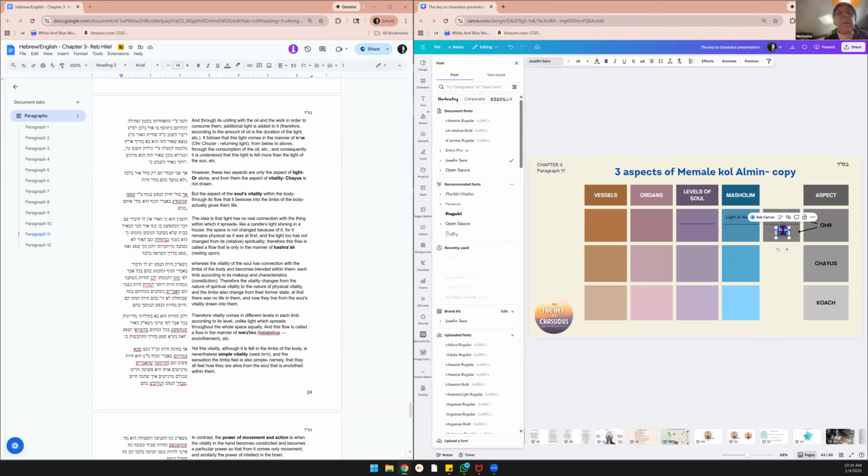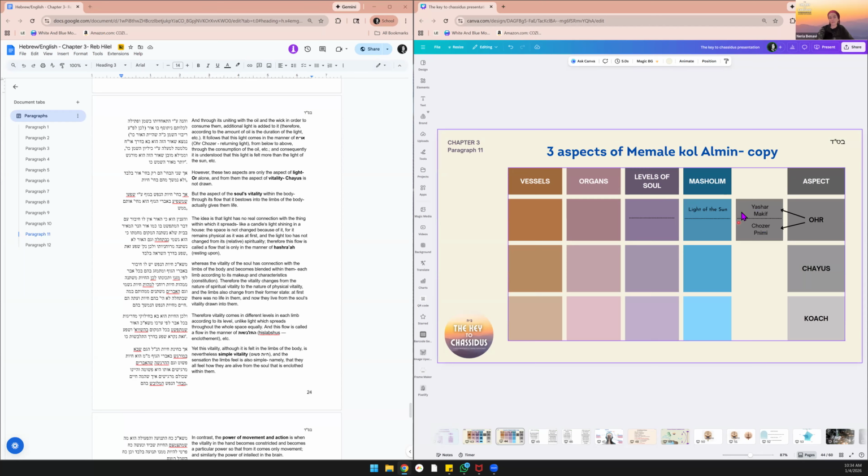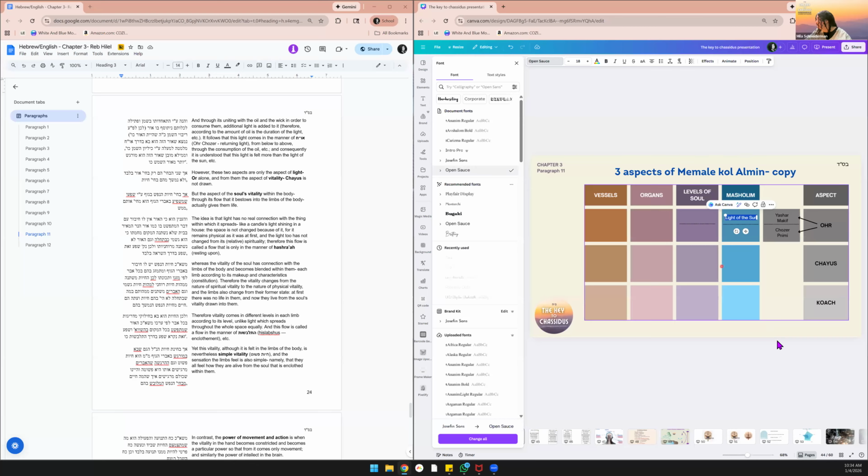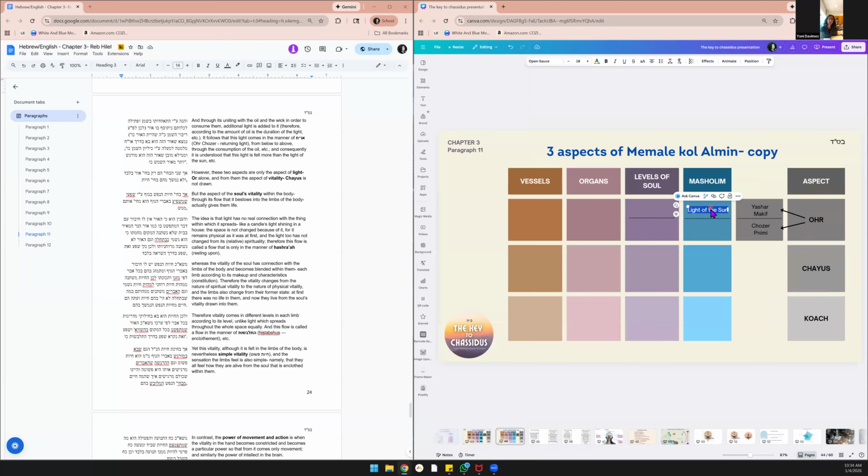They're the same? Yashar and makif are the same? Yes. And this is the light of the sun. Very good. Yes, this is the light of the sun. And the light that is pnimi or choser, what is the mashal? Candle. Right, the light of the candle.